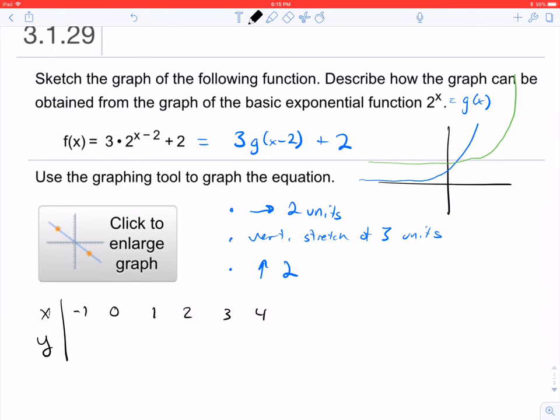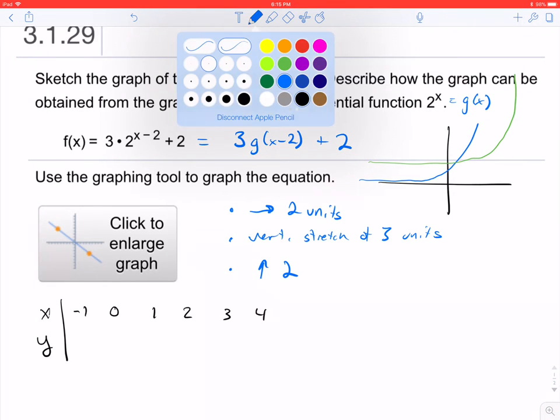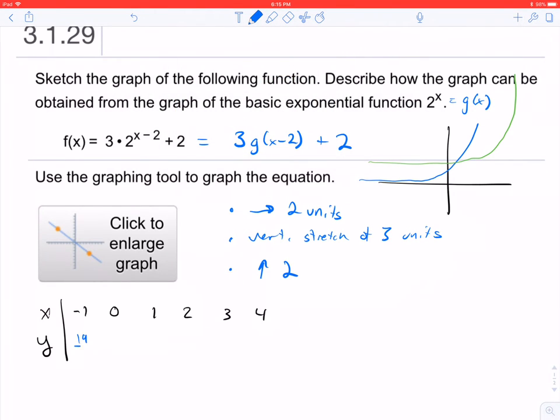When x is -1, that's going to be 2 to the -3. 2 to the 3 is 8, so that's 1 over 8. That's 3 over 8 plus 2. So 3 over 8 plus 16 over 8 is 19 over 8. So this one ends up being 19 over 8.